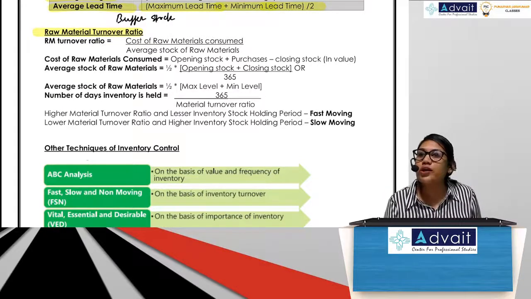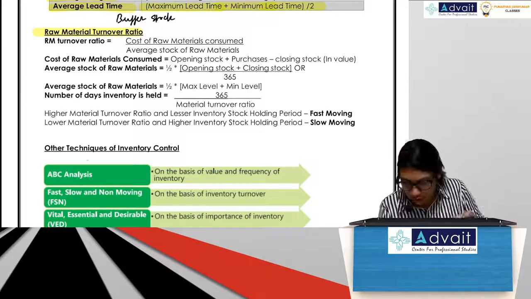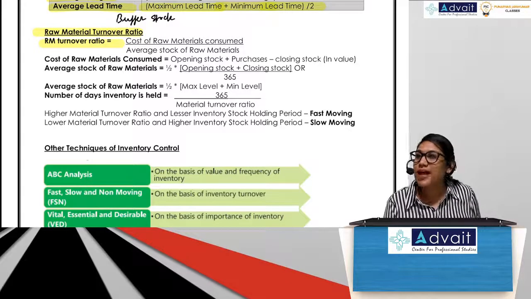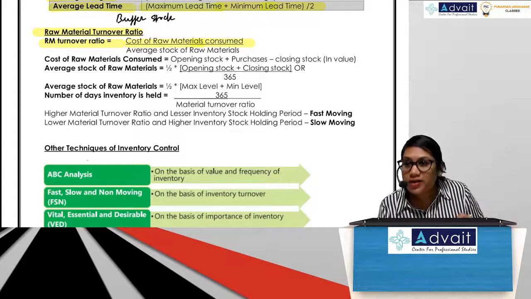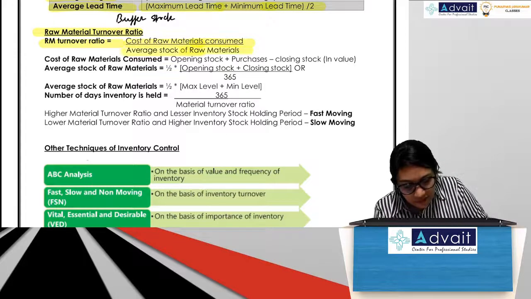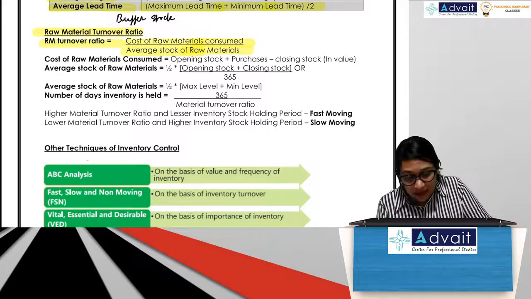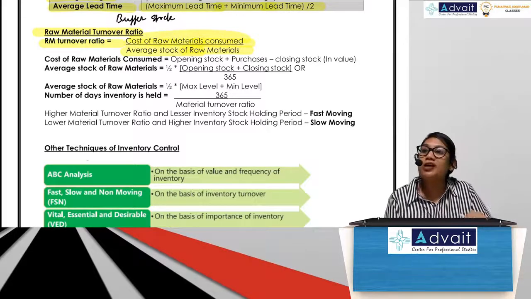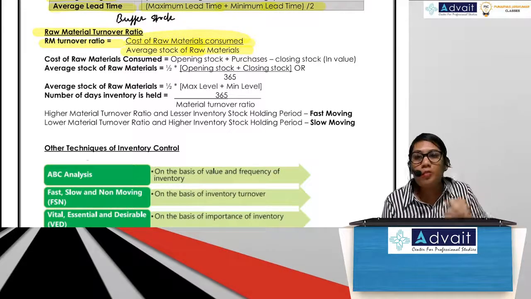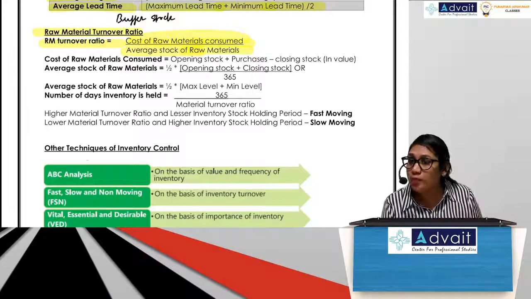How do you calculate your raw material turnover ratio? It is calculated as cost of raw materials consumed by average stock of raw materials. Obviously, in the numerator I have raw materials consumed, and in the denominator I have average stock of raw materials.